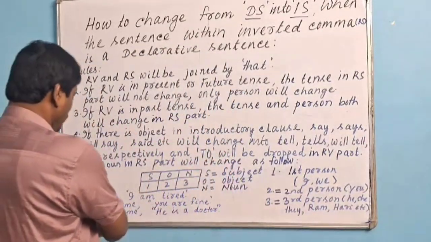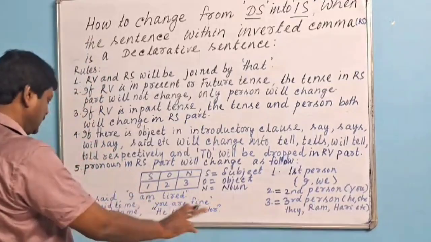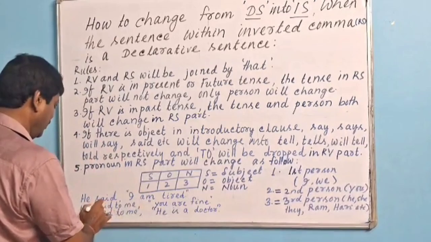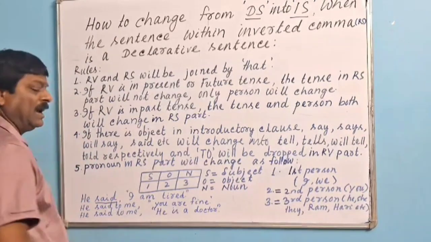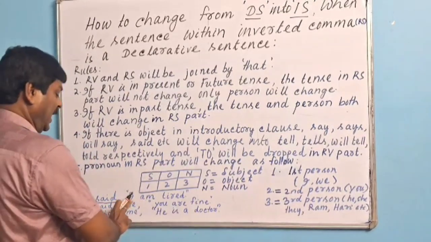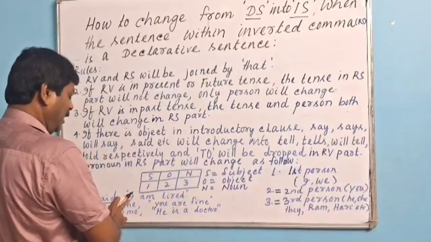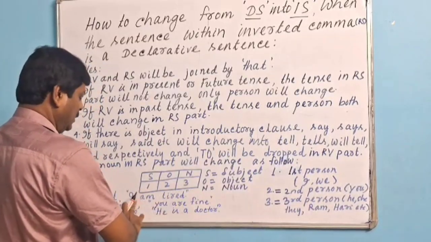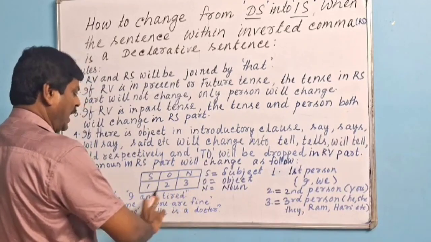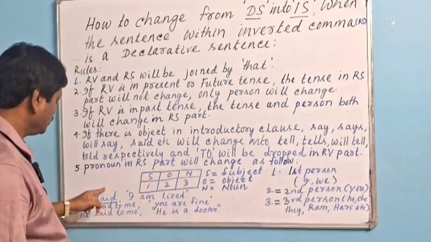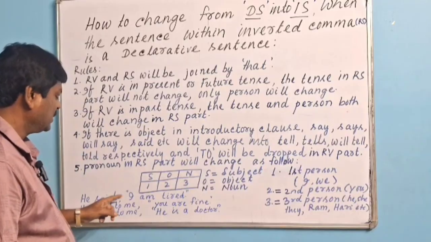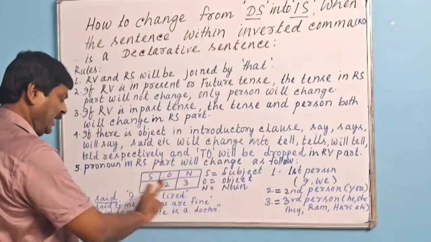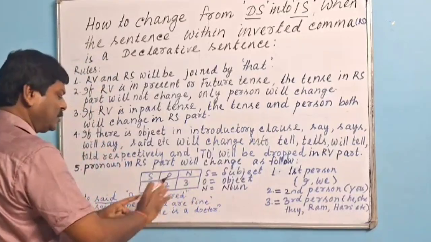I have taken 3 examples here. He said, I am tired. Here said is RV, reporting verb, and the sentence within inverted comma or quotation mark, I am tired, is reported speech or RS part. As RV is in past tense, when we change it from direct speech to indirect speech, the entire RS part will change.